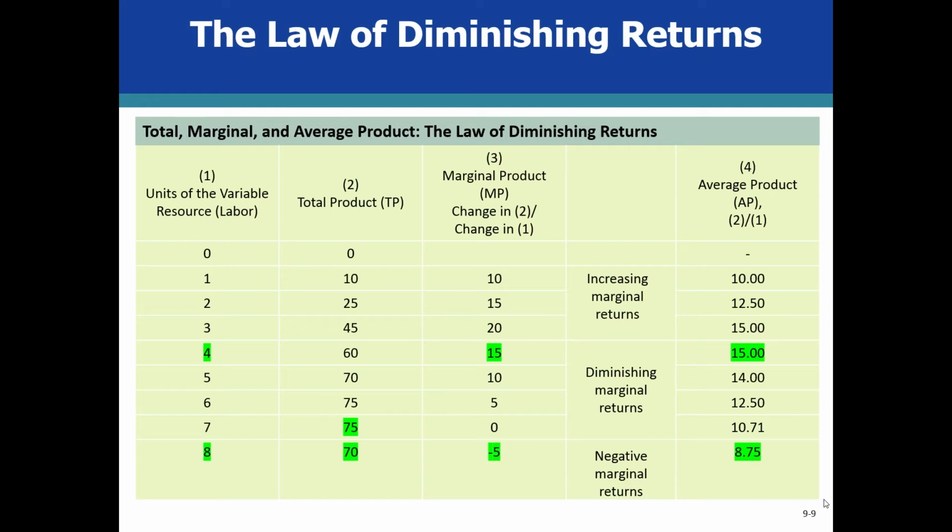So the key here is that total product continues to increase due to more labor being added to the process. However, the output added by increasing 1 unit of labor declines after peaking at 3 units.